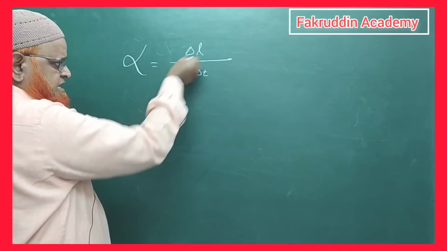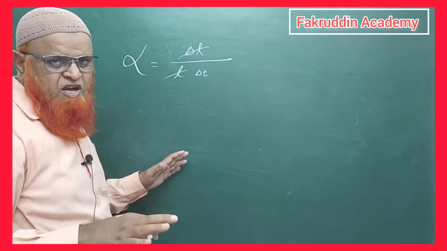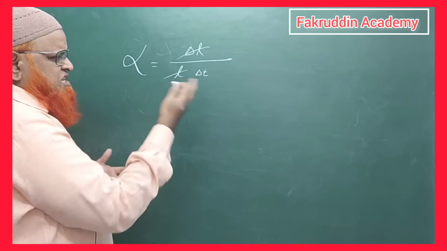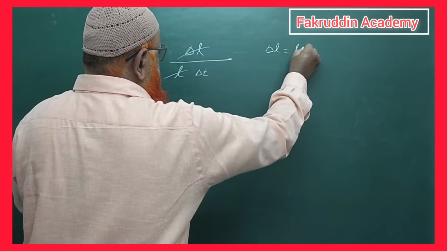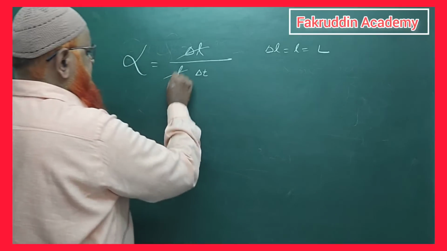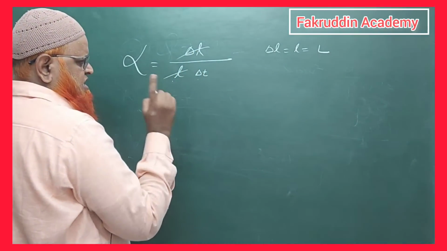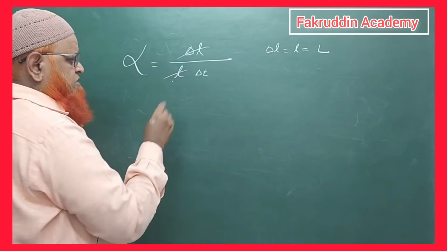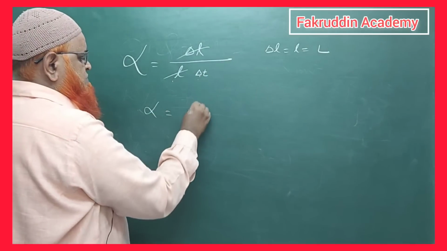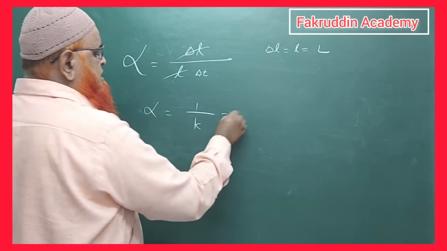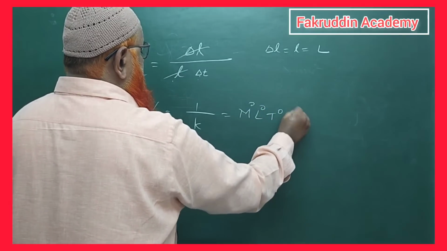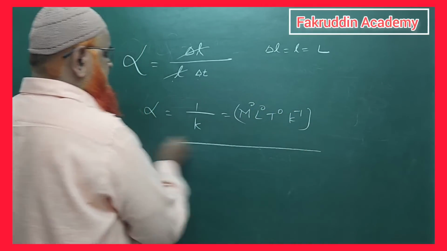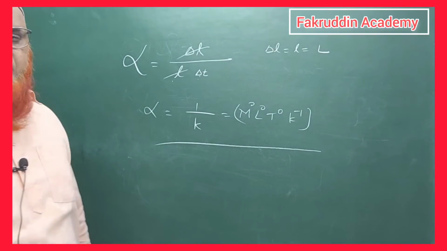Lengths have the same dimensional formula, so we can cancel out the change in length and the length, which is taken as capital L. Temperature is taken as the symbol Kelvin, that is K. Therefore this is 1 by K. There is no m, you write M⁰, no L, no T, but only K is there, so we write it like this for the coefficient of linear expansion.